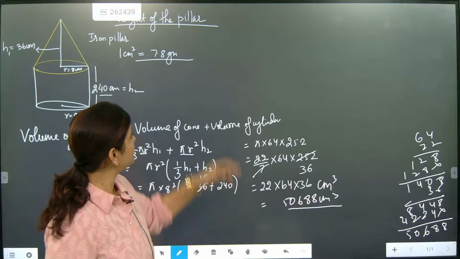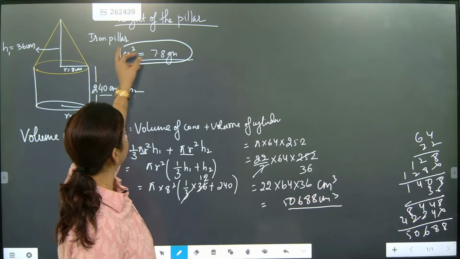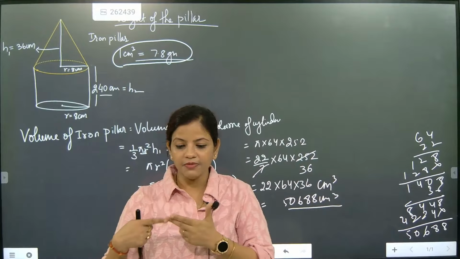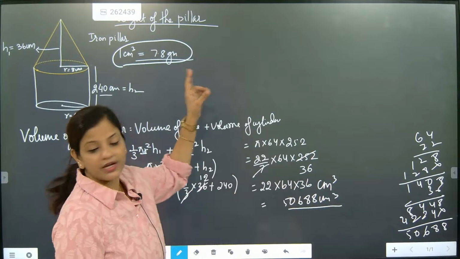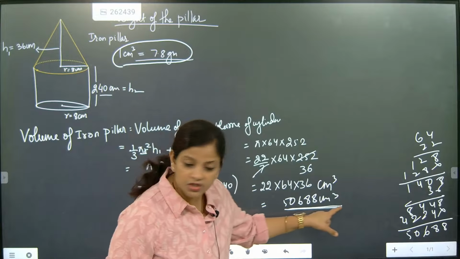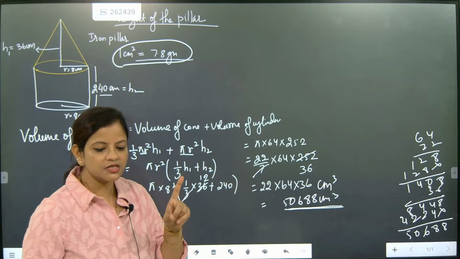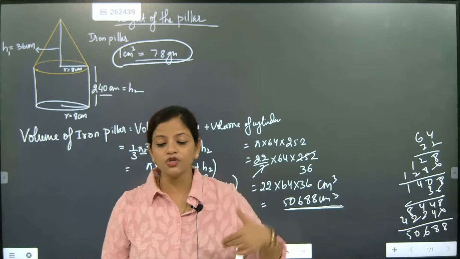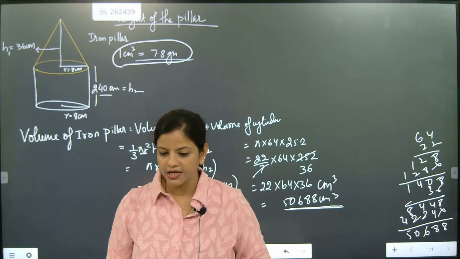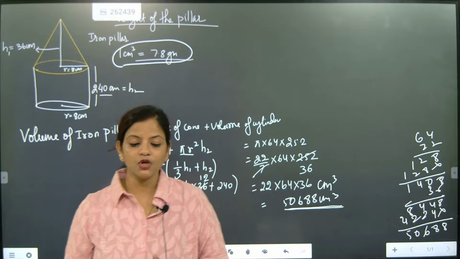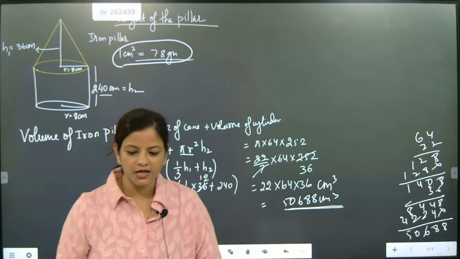Now what they have given is that 1 cubic centimeter weight is 7.8. But we need to find how much? We need to find this much cubic centimeter. It is just like 1 chocolate costs 2 rupees, then 10 chocolates cost will be 2 into 10, 20, correct now?